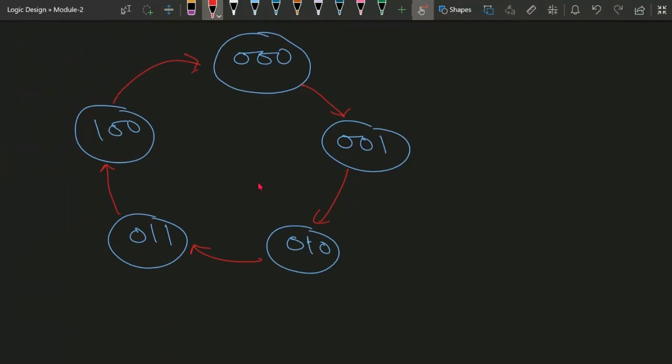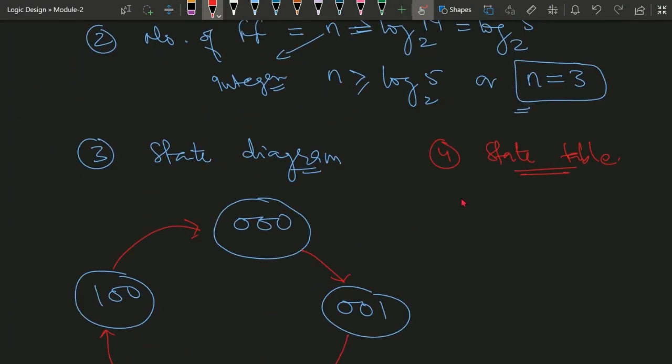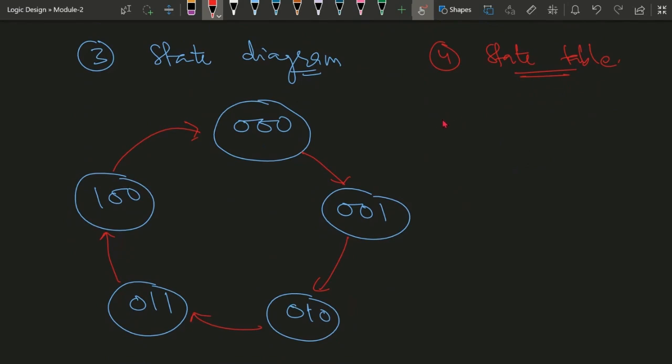Once we have a state diagram, we can draw the state table also. In the state table, we can get the previous state and the next state.